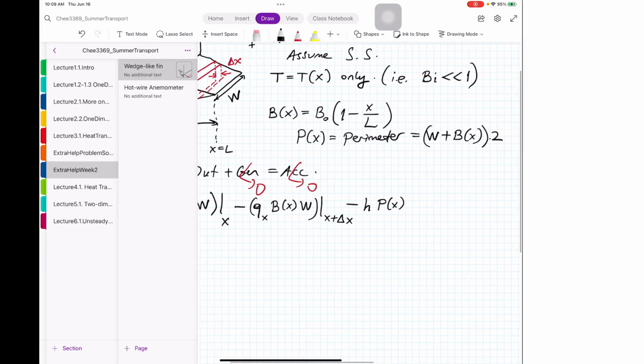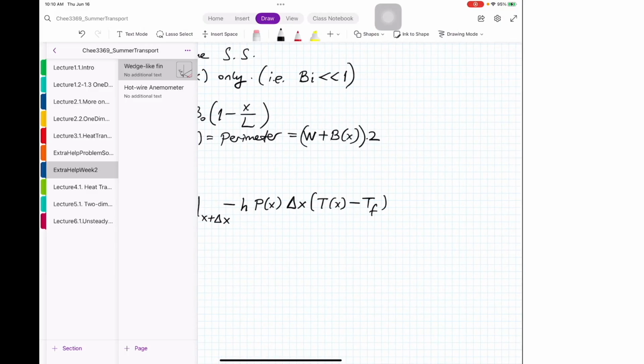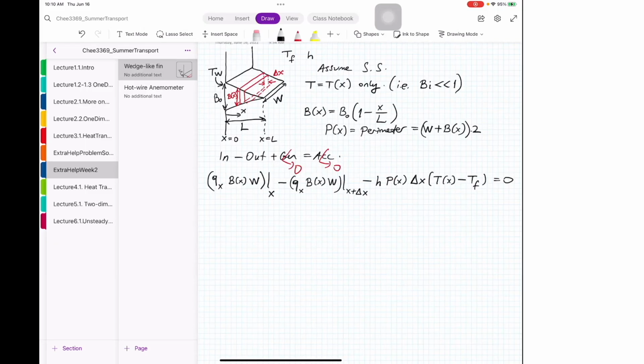So h times perimeter times delta x gives you the h times area times T of x minus T of f. And that's all in and out. That's equal to 0.